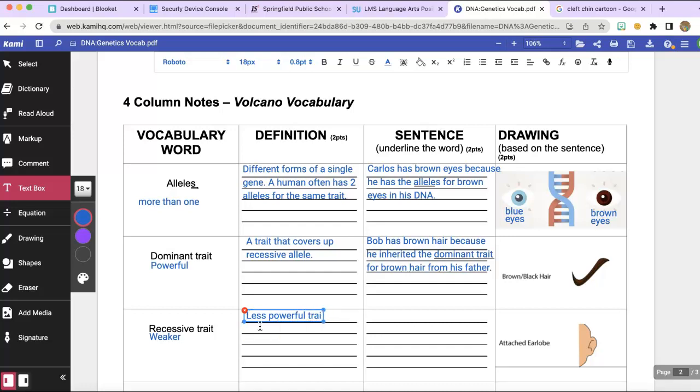Trait that only appears if two recessive alleles for the same trait are inherited.